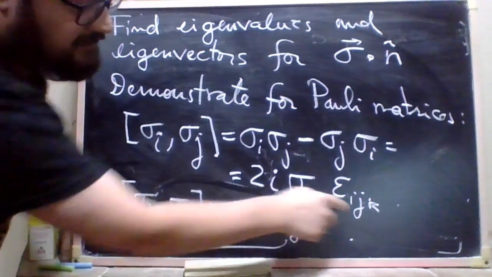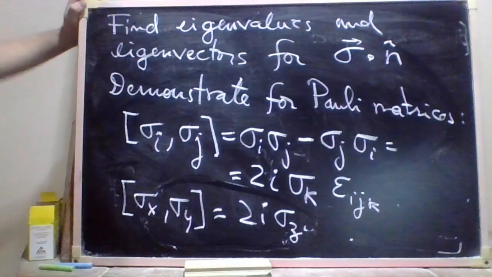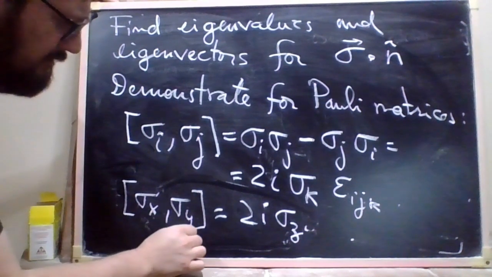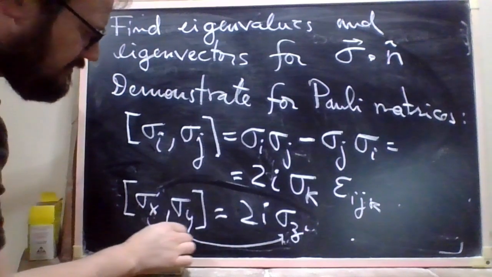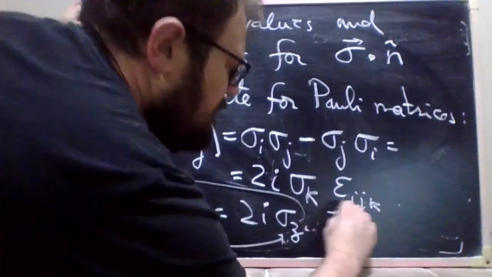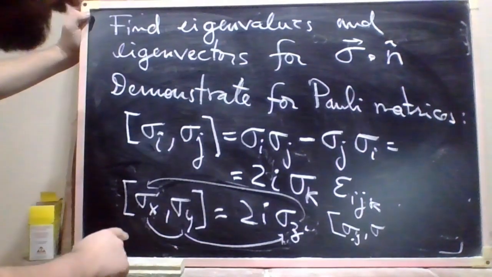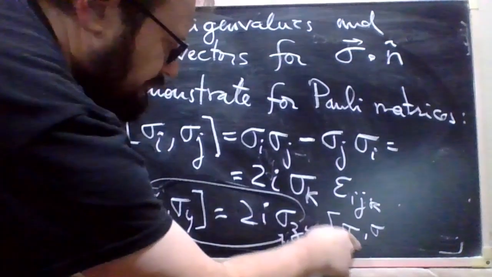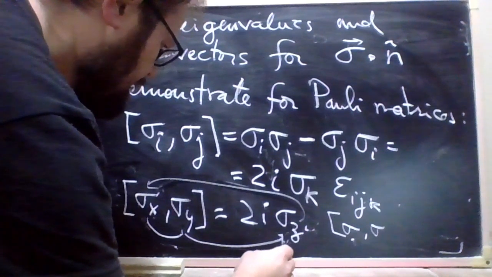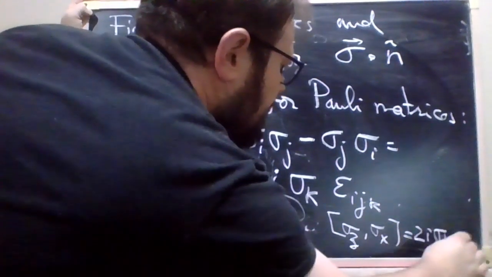All right. That's encoded in the Levi-Civita permutation symbol. As a matter of fact, you can put the y there, the x here, and the z here, and you'll find the relation, which means sigma of z commutated with sigma x is equal to twice sigma y, right?